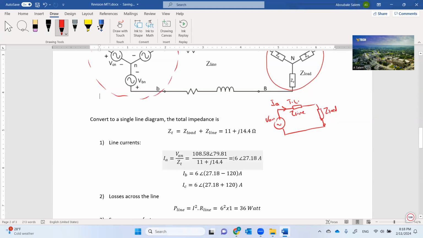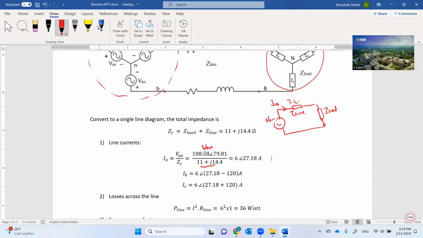So this is the given supply volt of VAN, and this is the total impedance we calculated. So we got a current of 6 plus or at angle 27.18. We need to check something here. We got the angle in positive sign. Does it mean the power factor is lag or lead?